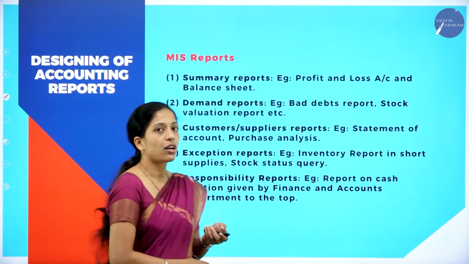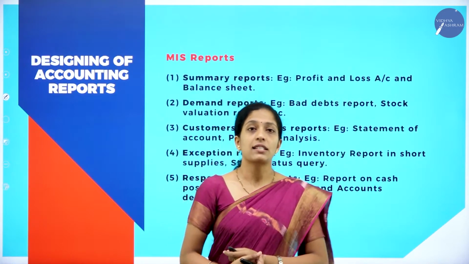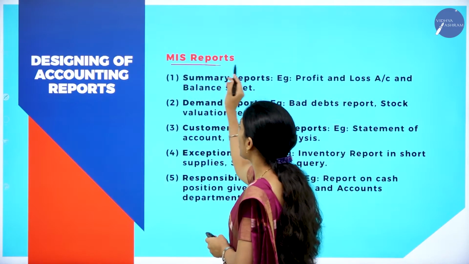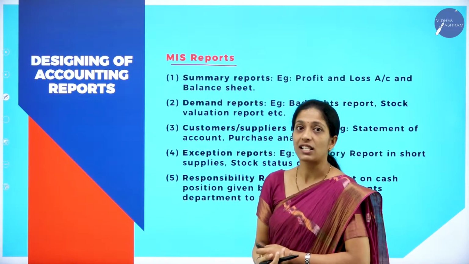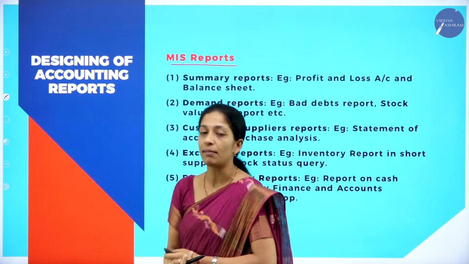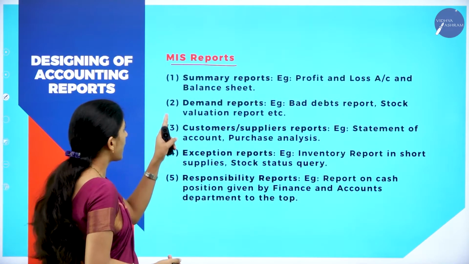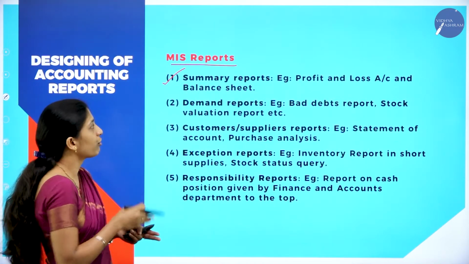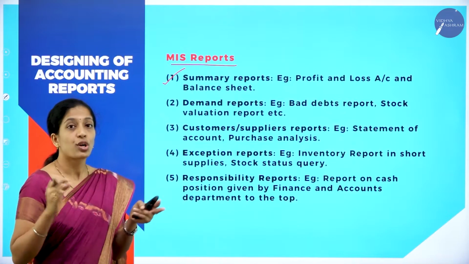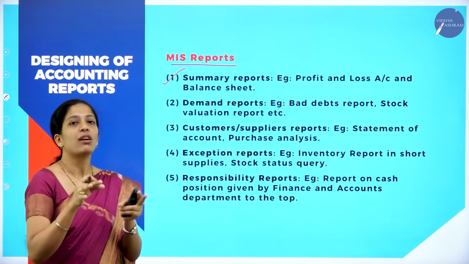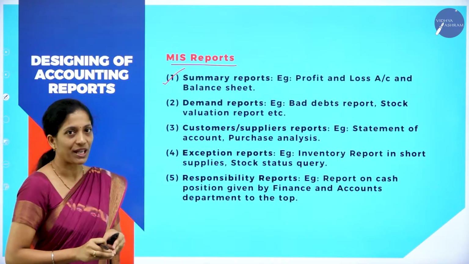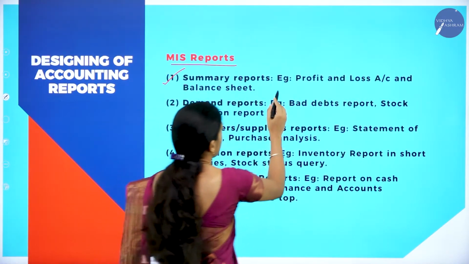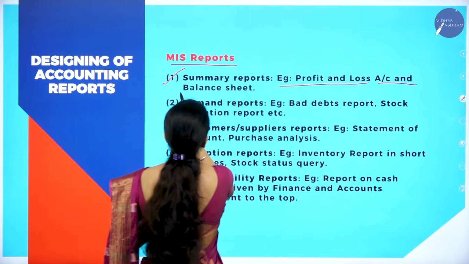Now coming to the next concept, that is MIS report, that is designing of accounting report. Under that we have MIS report, that is Management Information System report. Let us see what these are. Under MIS reports, it includes summary reports, which tell the summary of that particular accounting information, where the best example is profit and loss account as well as balance sheet.